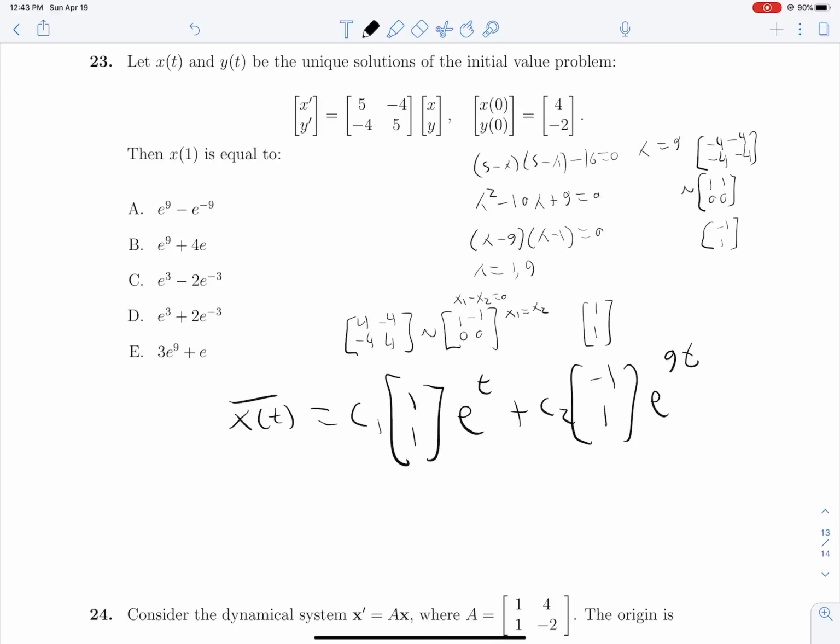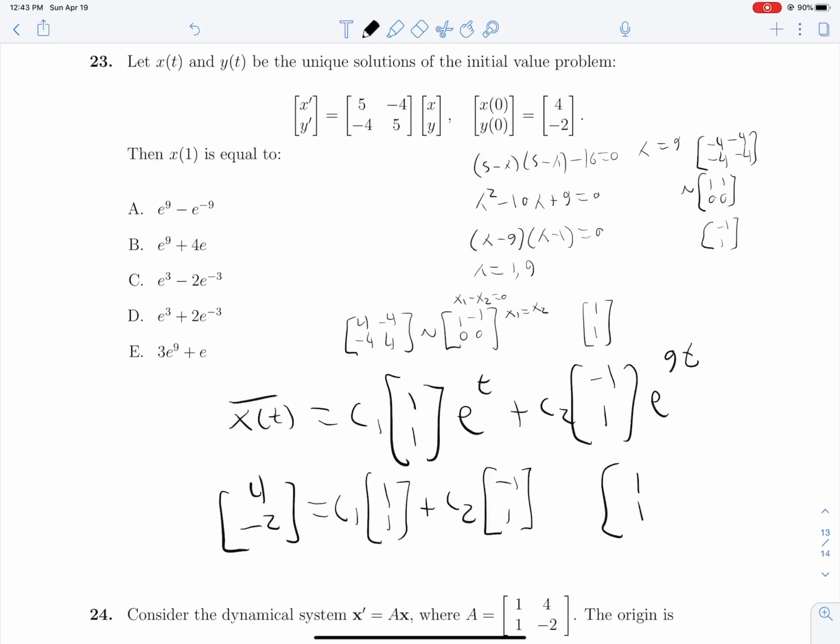Solving using our initial condition, we'll see that 4, negative 2 is equal to C1 times 1, 1 plus C2 times negative 1, 1. So we can make a matrix out of this. 1, 1, those are our C1 coefficients. Negative 1, 1 for C2, and then 4, negative 2 there.